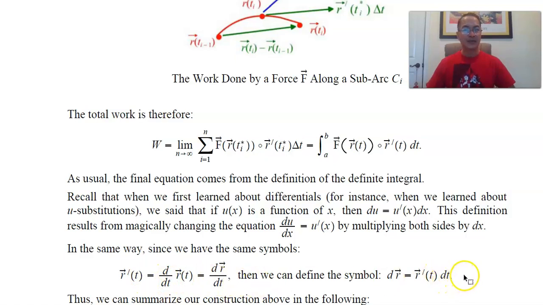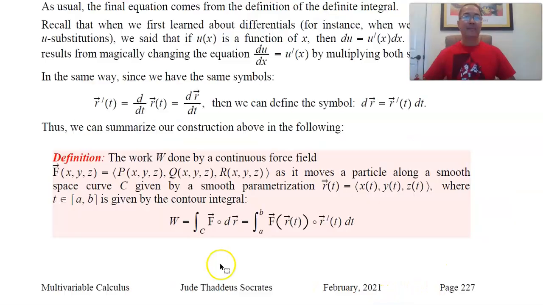That is of course very crude notation, I should say. We're not literally multiplying by dt. We're defining dr by the formula: take the derivative of r, multiply by dt. That is the meaning of the dr in our symbol for the contour integral.